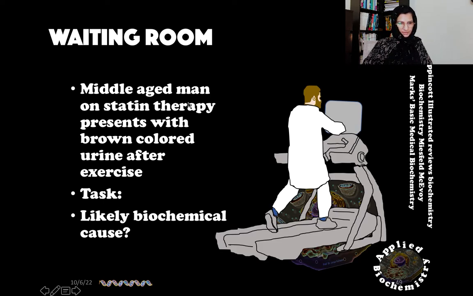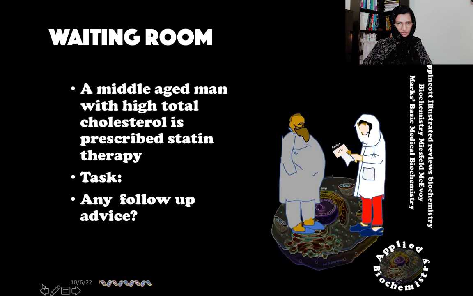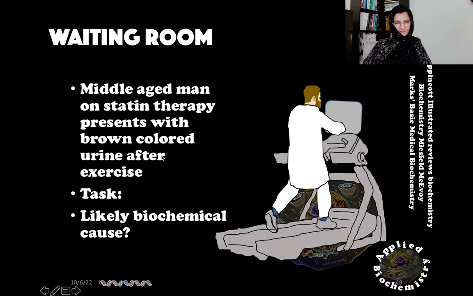Okay, now there is a middle-aged man, and he has presented with reddish brown colored urine after exercise, and he was on statin therapy, and you are required to coin the likely biochemical cause. The likely biochemical cause is that, as we have seen, the statins block HMG CoA reductase, and when HMG CoA reductase is blocked, isopentenyldiphosphate is not formed.